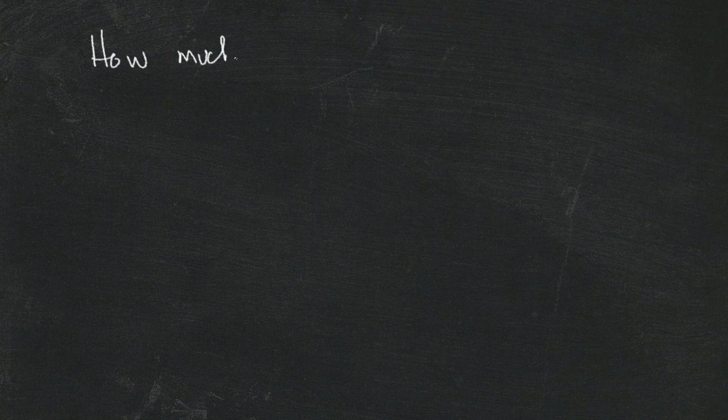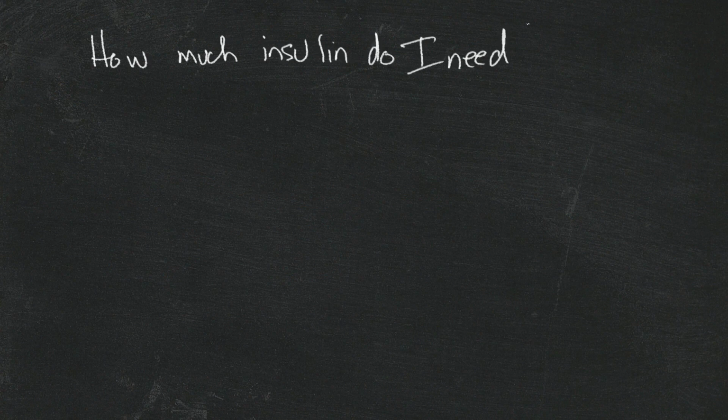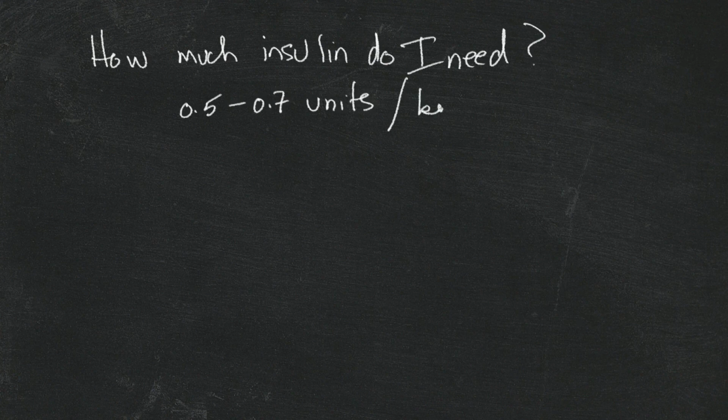How much insulin do I need? Well, usually it's about 0.5 to 0.7 units per kilogram of body weight.